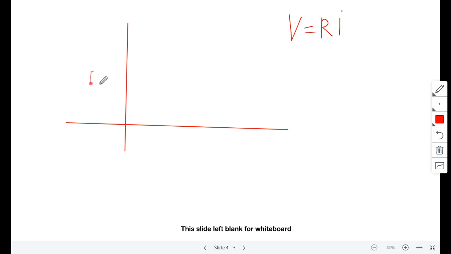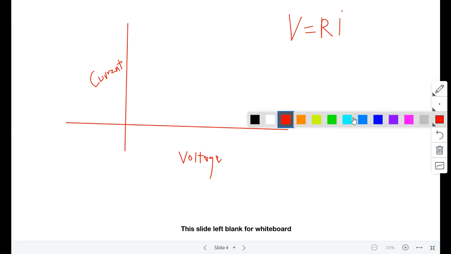This is current and this is voltage. If it doesn't specifically say which quantity goes on which axis, it doesn't matter if I put the current on the y or the x, as long as the curve is correct. But the thing is, if you change the axis, the graph changes.